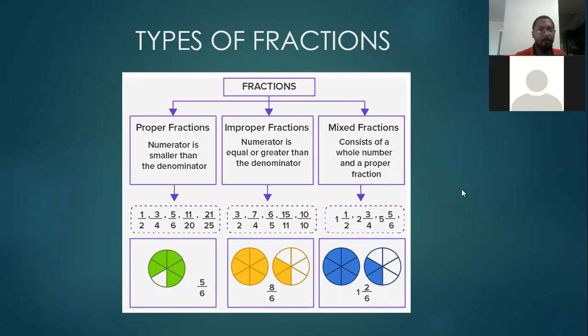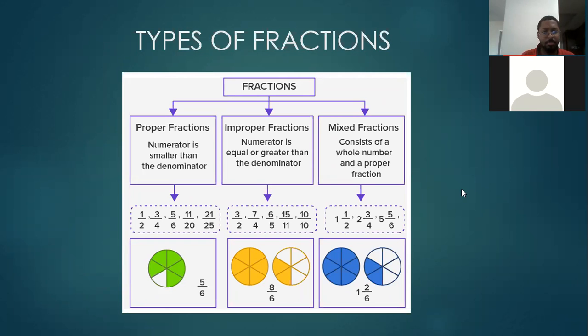All right, there are essentially 3 different types of fractions. Fractions can either be proper fractions, where the number on top is smaller than the number on bottom. So 1 over 2, 3 over 4, 5 over 6. All right.